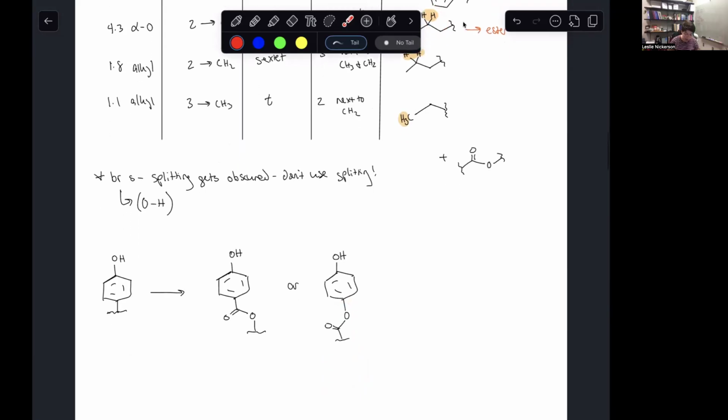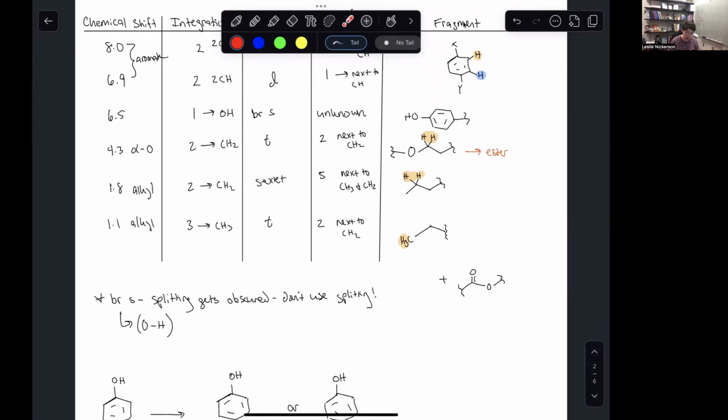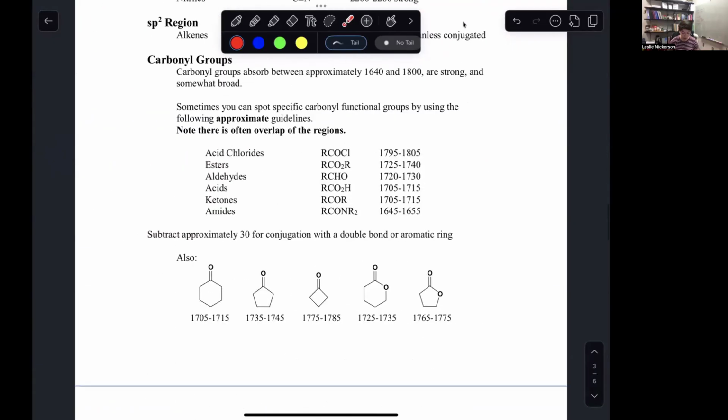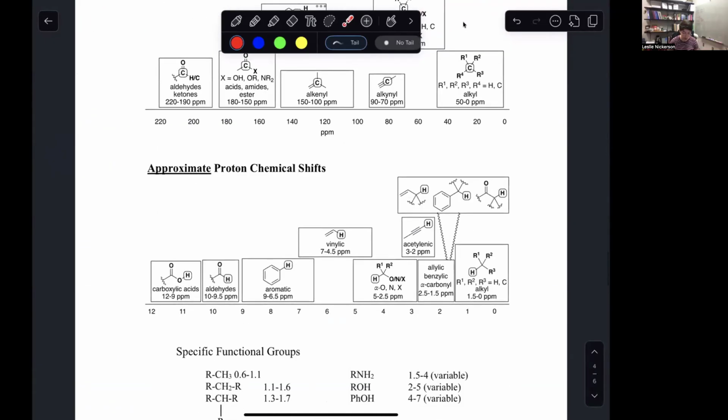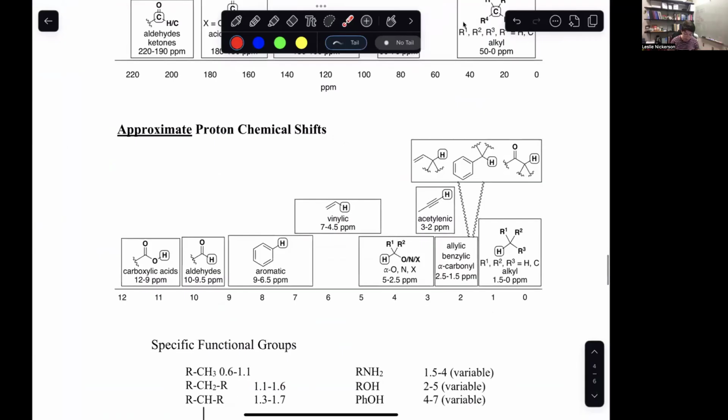Because if I put a CH2 here, that would be a different chemical shift than what I'm seeing with that 4.3. Just to make sure that you're following along, we're talking about the difference between that type of proton environment where we're alpha to a carbonyl versus this proton environment where we are alpha to an electronegative atom.